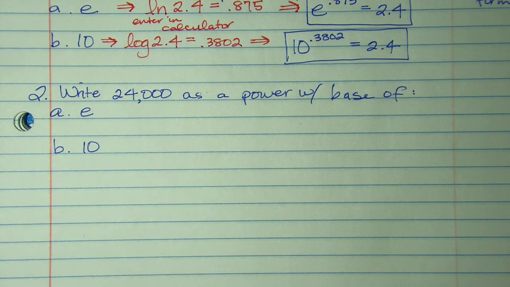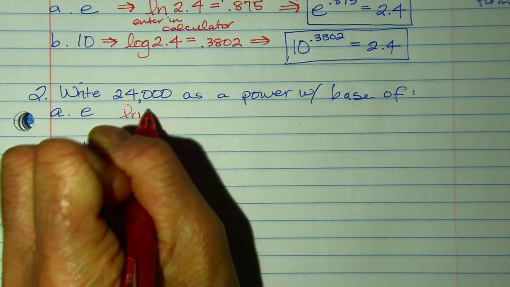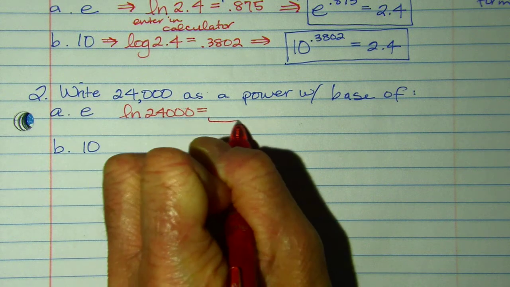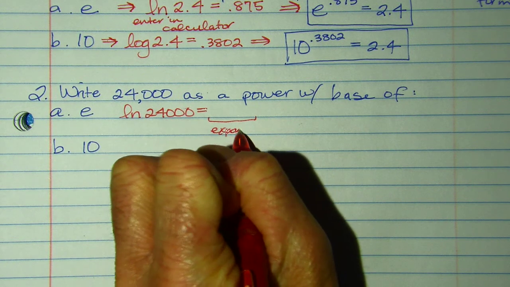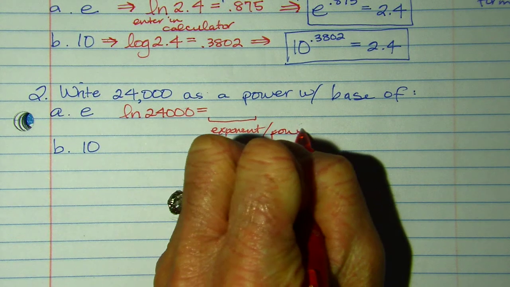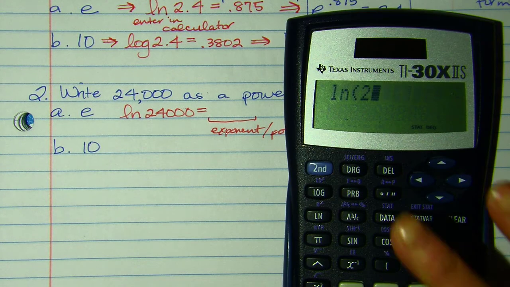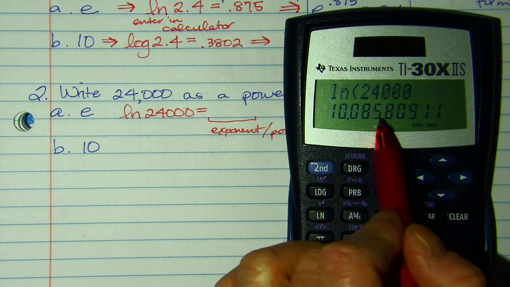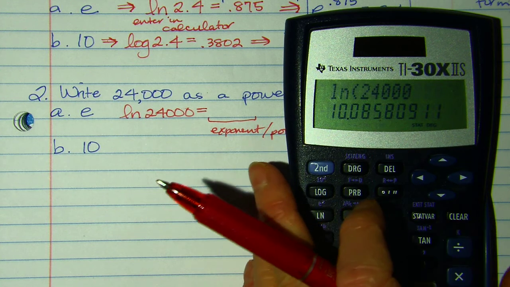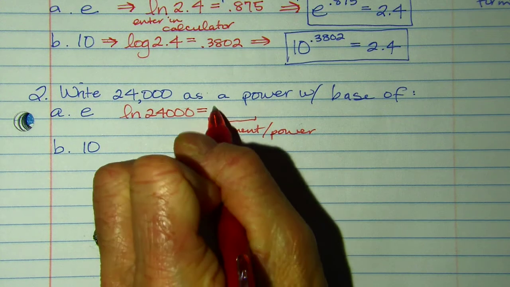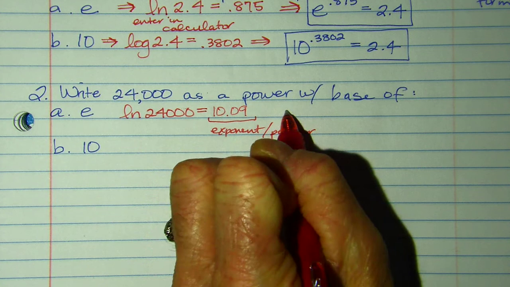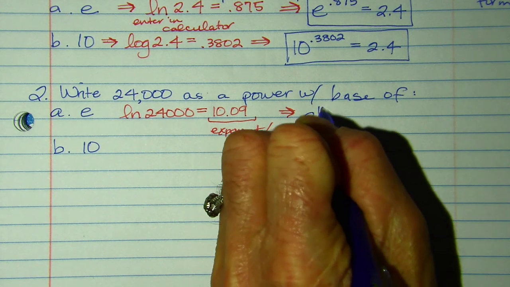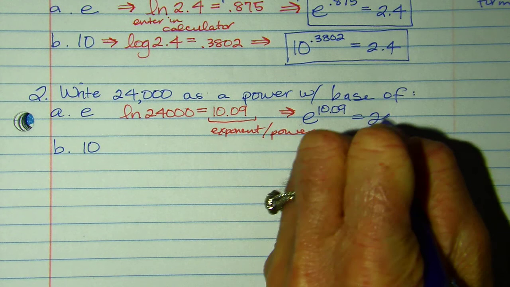So I'm first going to enter the natural log of 24,000, and what I get here is my exponent, or power. So natural log of 24,000, and I got 10.08. I'm going to go ahead and round that to 10.09, or you could put 10.1, but we want to make it as accurate as possible. So I would write this as e to the 10.09 equals 24,000.